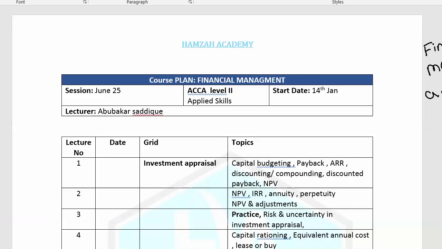And as I discussed, we have profitable organizations and not-for-profit organizations, but the main objective of the financial management paper which we are going to study is regarding the profit-making entity. So mainly we will be discussing the financial matters of commercial organizations, the organizations whose objective is to make profit.